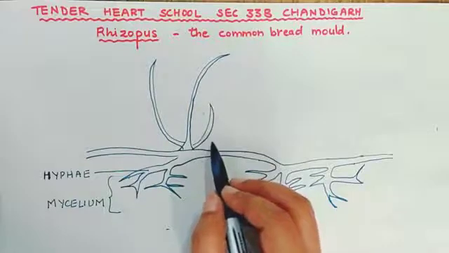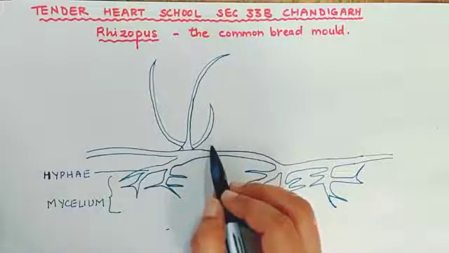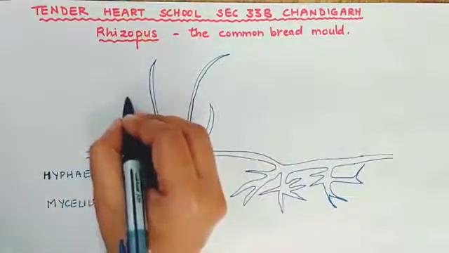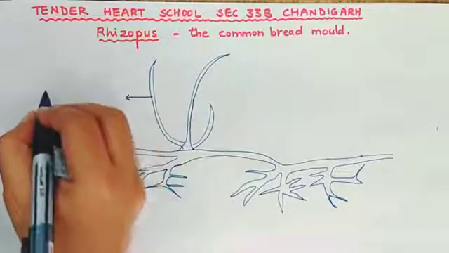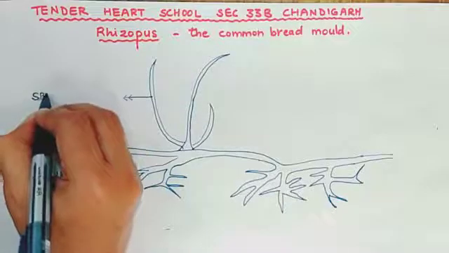the sporangiophores, right? So let us label them. The hyphae which are moving upward, which are growing upwards, these are called sporangiophores.